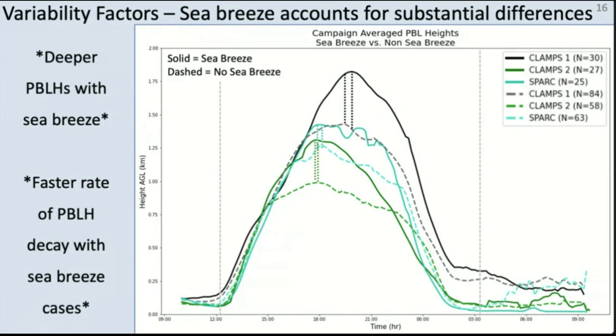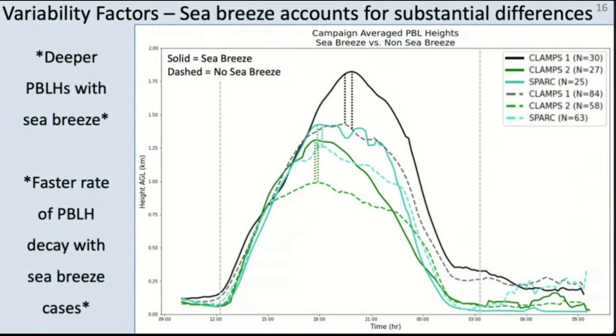The sea breeze results in deeper PBL heights at each of the three sites, with the greatest differences occurring at our coastal and urban locations. Interestingly, though, the time that the maximum PBL height is reached does not vary much between these two averaged types of cases.